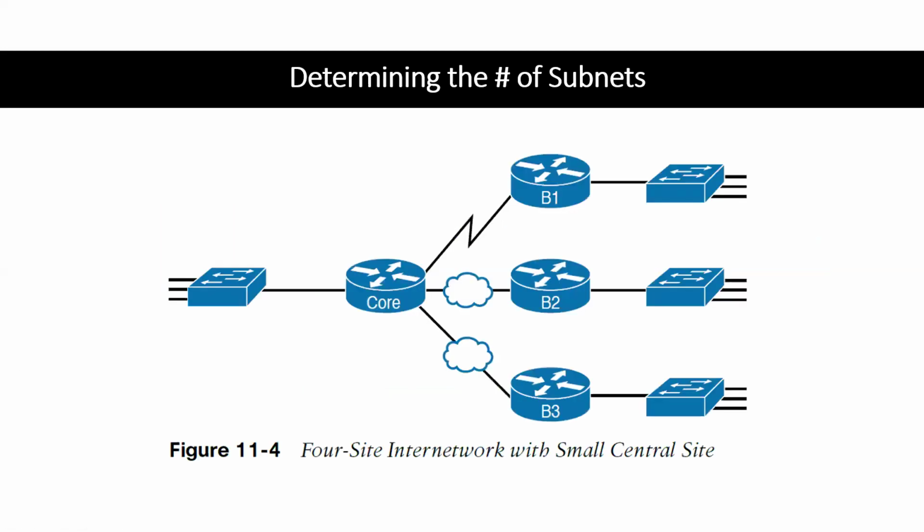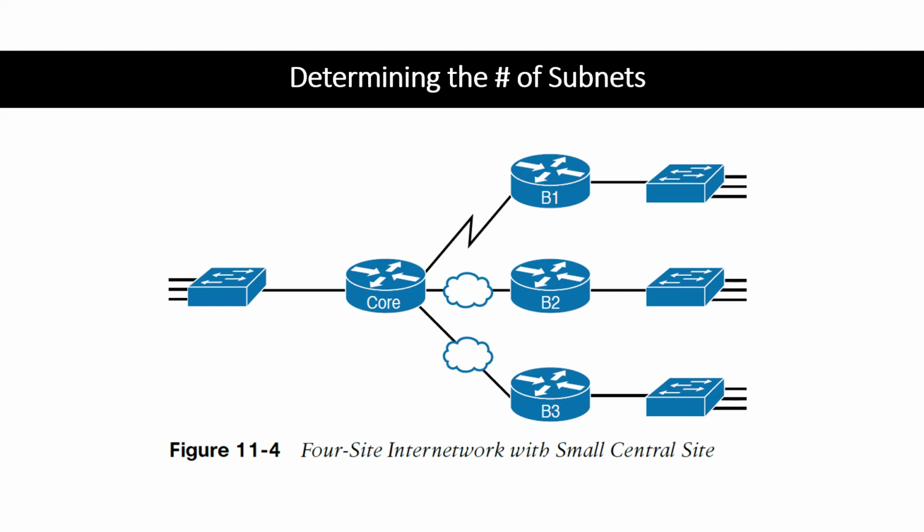All right, so what are we looking at here? We see networks right here. We see a core, and you want to think of the core as your HQ. You see B1, B2, B3. Think of those as your branch sites. You have one network, aka switch, that sits behind your headquarters or your core.